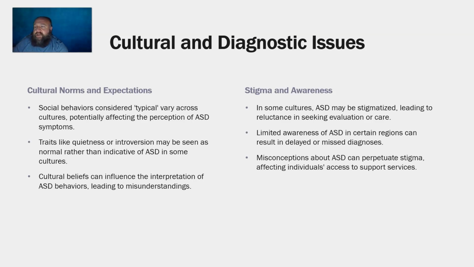Limited awareness of ASD in certain regions. I can say, most of the Western world, most developed countries, there is pretty high awareness of ASD. I can't speak for every part of the world. I can speak for part of the world that I've been in. I know throughout Latin America, throughout Europe, throughout North America, and throughout Asia, Australia, New Zealand, there is high awareness of ASD.